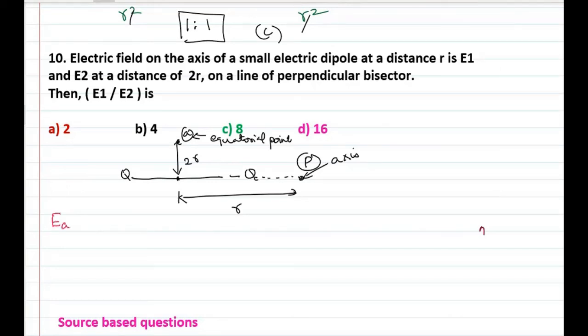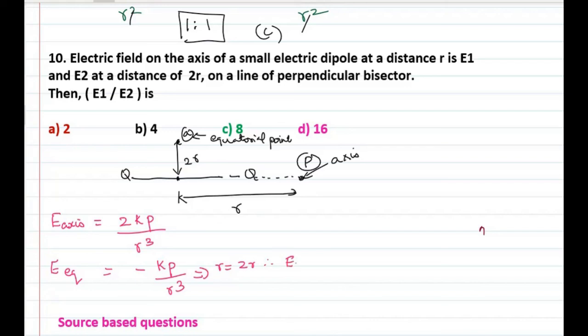The electric field at the axis is equal to 2kp divided by r cube. And the electric field at the perpendicular bisector, the equatorial point, will be equal to minus kp by r cube. Here the distance is r, from here the distance is 2r. So this is the formula, but we have the distance 2r.